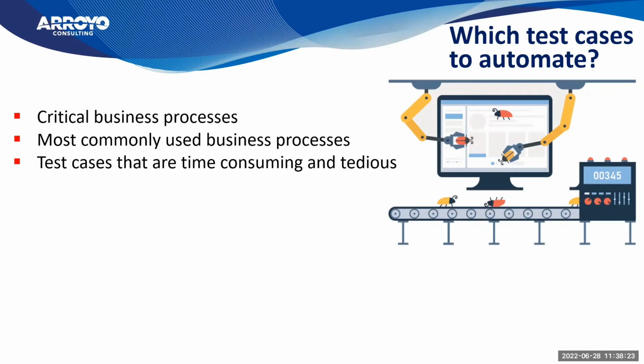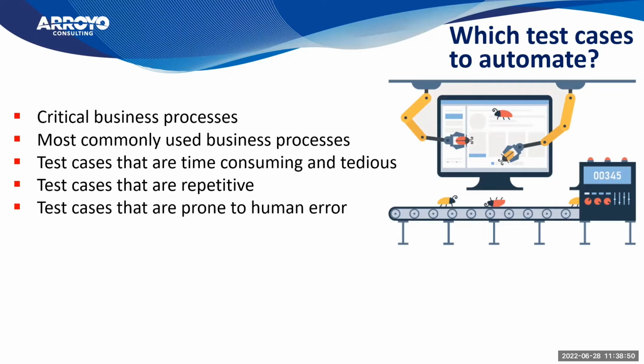So if you have that kind of process, you can build an automated test for it, and the next time you need to test, just run the automated test. The other thing is if you have cases that you have to repeat, it's better to automate them.